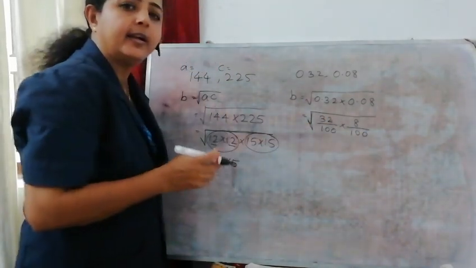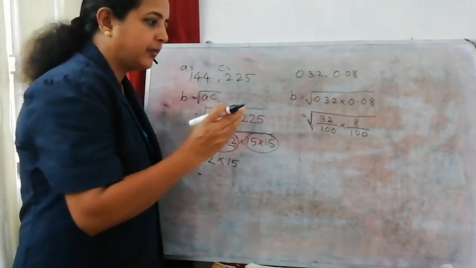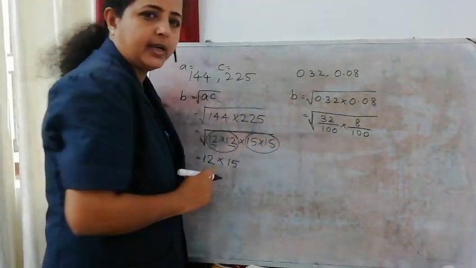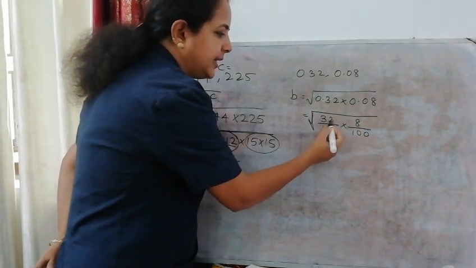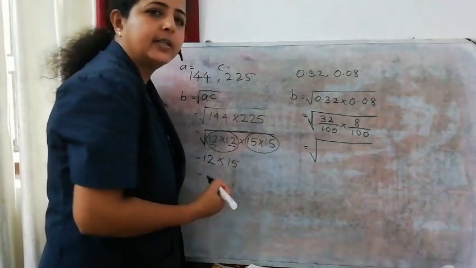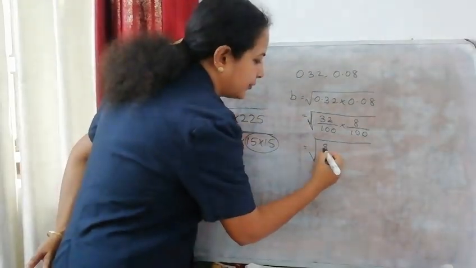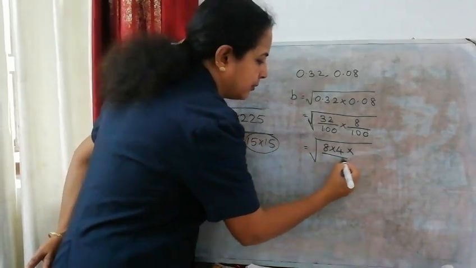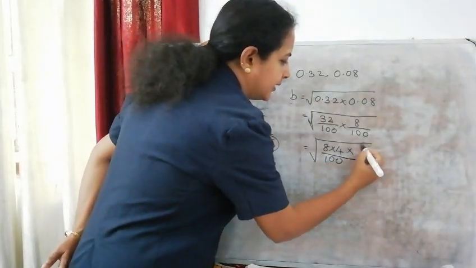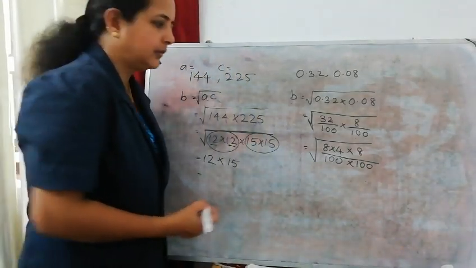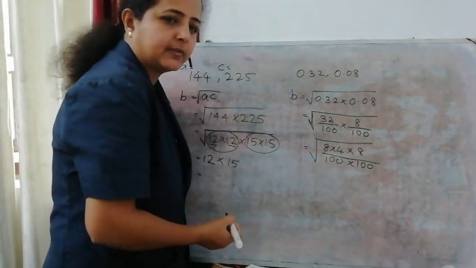The denominators are 100 and 100, so from that we can take 100 outside. But here we need two 8s, so we can split 32 and write it as 8 into 4. So 32 by 100 is 8 into 4 by 100, and here 8 is there into 100, so 8 is repeating two times.